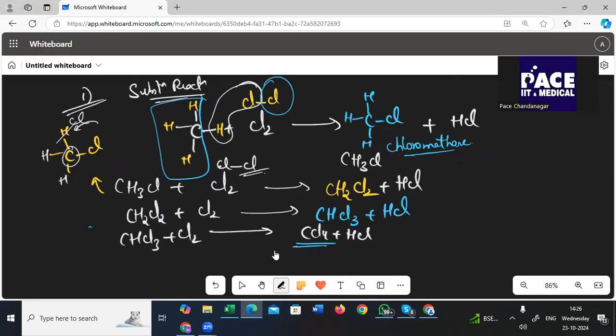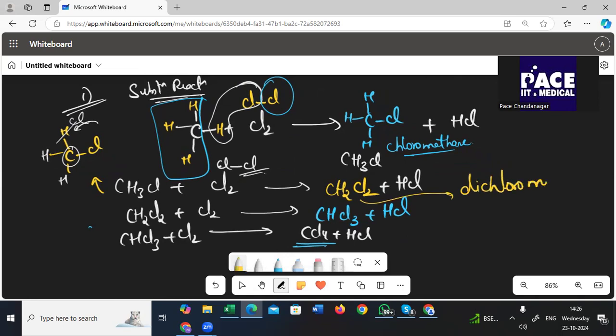The second product formed here is dichloromethane. It is methane, it is dichloromethane. And now it is CHCl3. The third product formed is trichloromethane, which is also generally called chloroform.